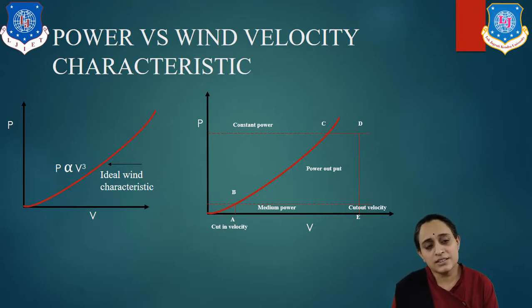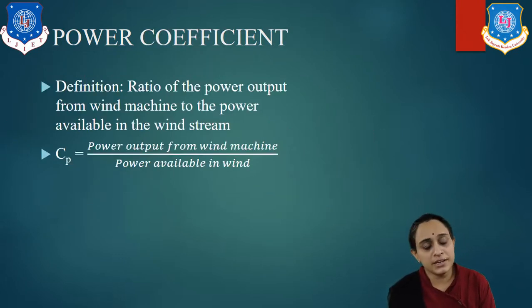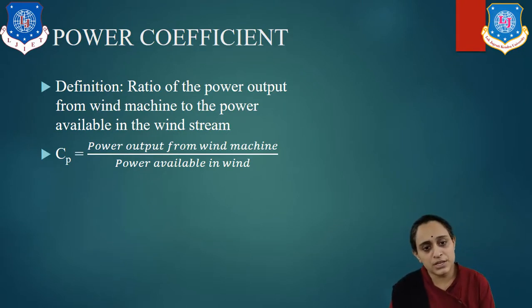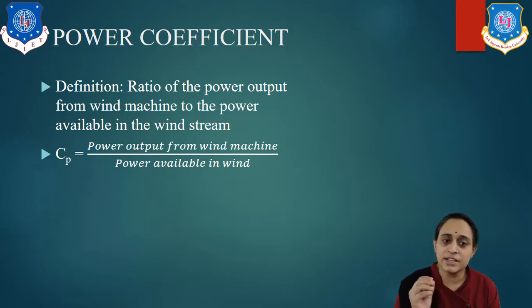Now let us understand the power coefficient of the system. Let us start with the definition. The power coefficient of a wind machine is the ratio of power output from the wind turbine to power available. So Cp is equal to the power output from the wind machine upon the power available in the wind.